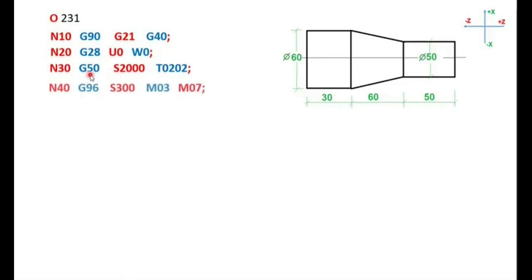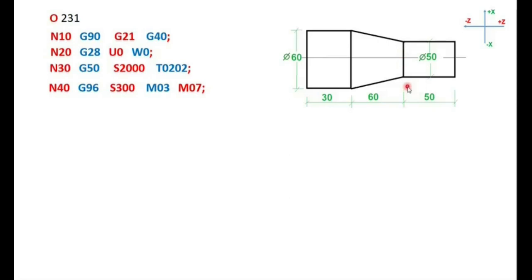Next is G96 S300 M03 M07. M03 and M07: spindle on and rotate in clockwise direction, and M07 is coolant on. So what is G96? When you are doing any taper operation, as the diameter goes on getting smaller, when the tool is coming here, the RPM will be very high.